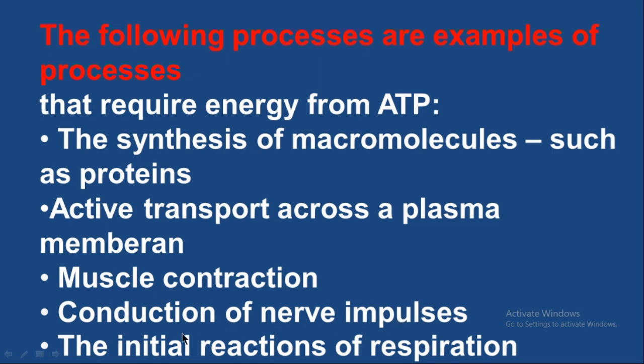And the last purpose of energy obtained from ATP is the initial reaction of respiration. As we said, respiration produces ATP energy. So before glucose is isomerized and converted into certain byproducts and produces ATP, energy is required as an activation process, activation energy.